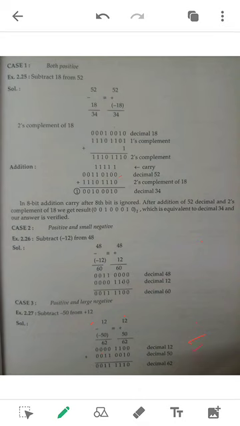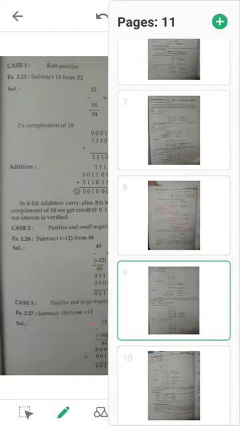Convert the minus 50 into the 2's complement, then add it, and you will get 62. So 0 0 1 1 1 1 1 0 is the result for the third case.